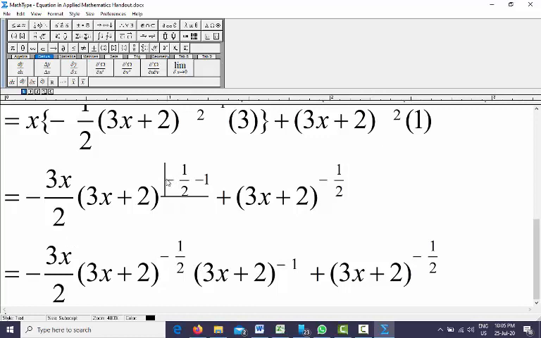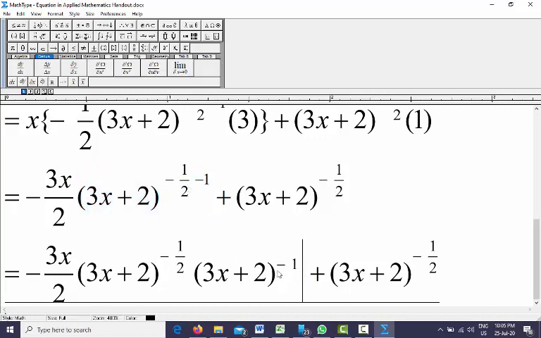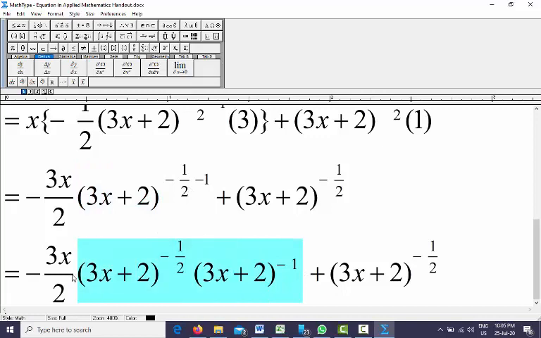Here we have power minus half minus 1 over this base. So we can split the power. First of all we will write 3x plus 2 power minus half, and then we will write 3x plus 2 power minus 1. So that means we are splitting. So now it will be easier for you to understand.